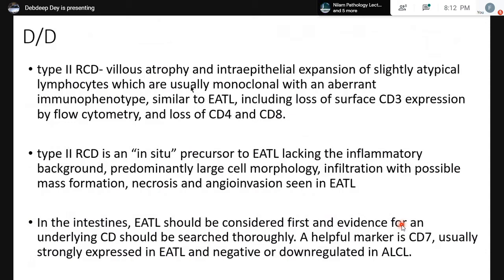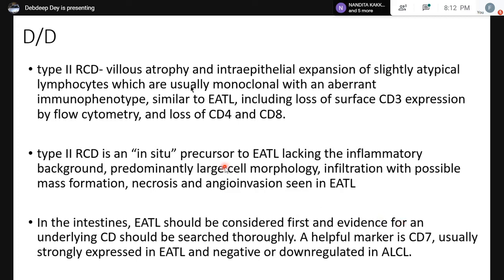It can also show loss of CD3 expression and loss of CD4 and CD8. It is actually an in situ precursor to EATL. However, it lacks the inflammatory background, the predominant large cell morphology, and infiltration with possible mass formation, necrosis, or angioinvasion, as you can see in EATL.